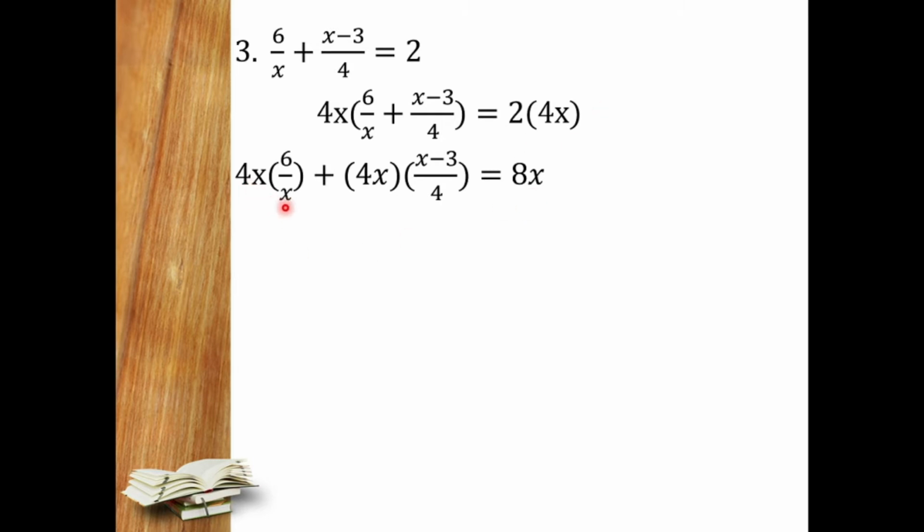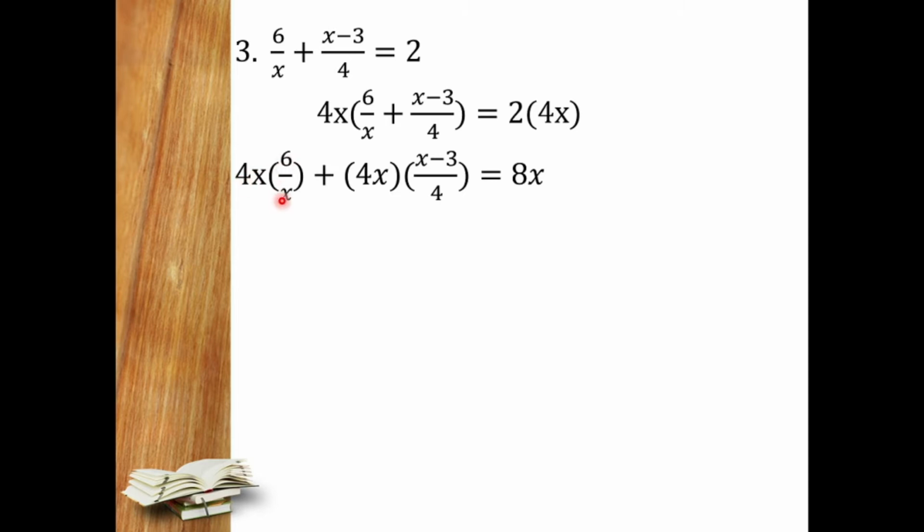Okay? So, pag minultiply natin ito, magka-cancel out si x saka si x. 4x times 6 over x. So, therefore, we are going to have 24. Actually, we are going to have 24x over x.